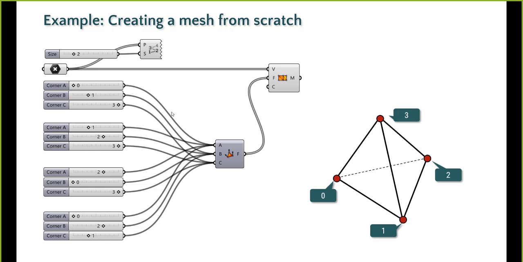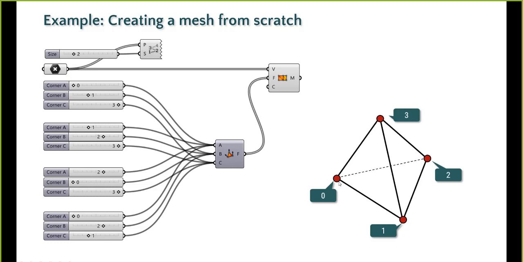So if you look, I've made a script that does that and separates the different faces out. And what we're actually providing this mesh constructor is faces that represent the indices of the points that are in this. And so that first mesh face is going to be 0, 1, 3.